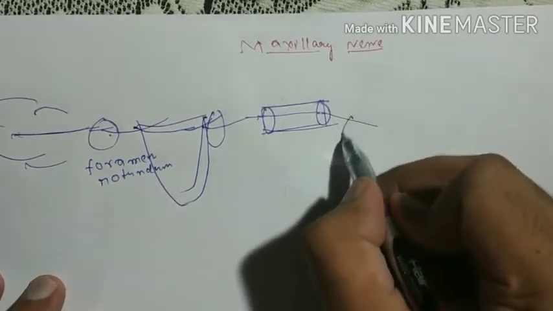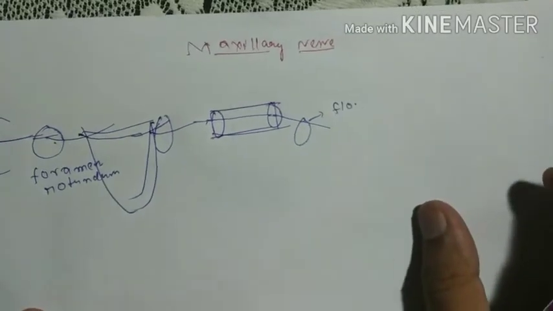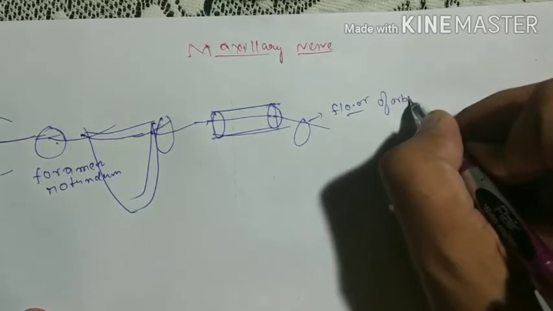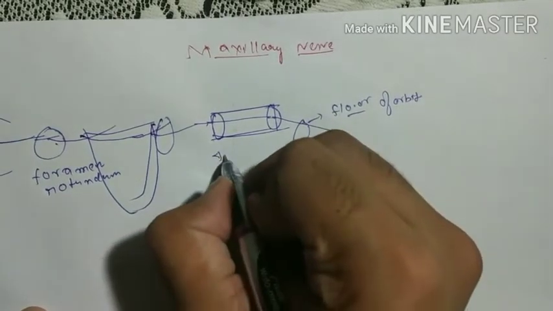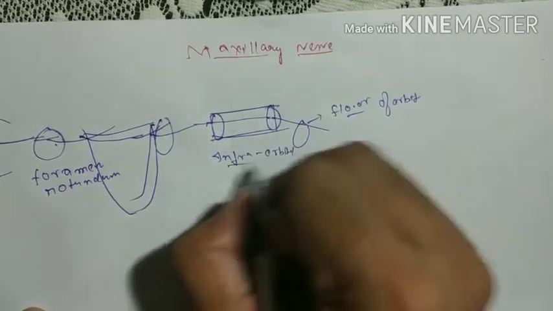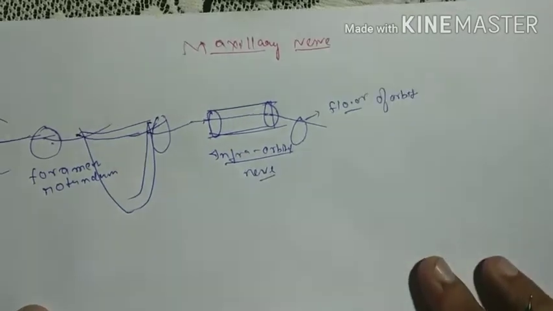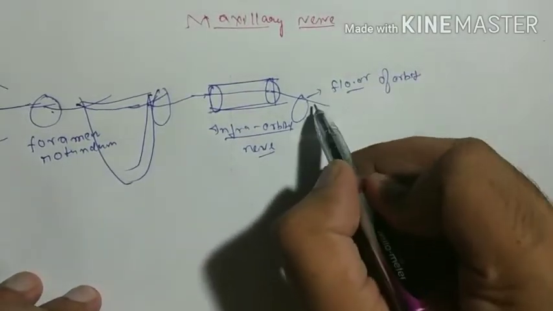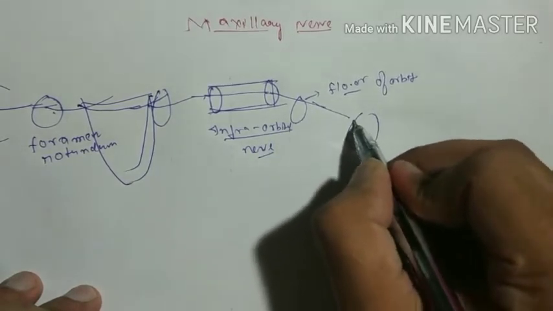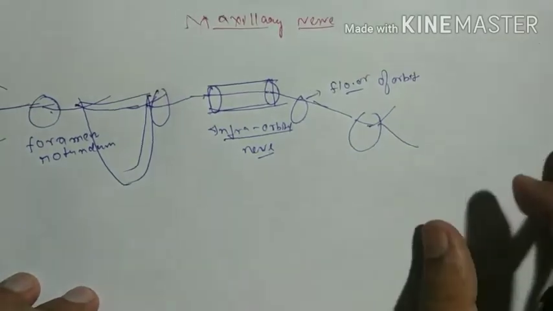Then it enters the floor of the orbit. Then it enters the inferior orbital nerve, where it gives three branches.